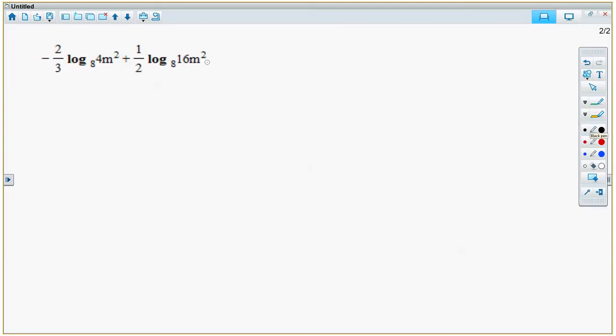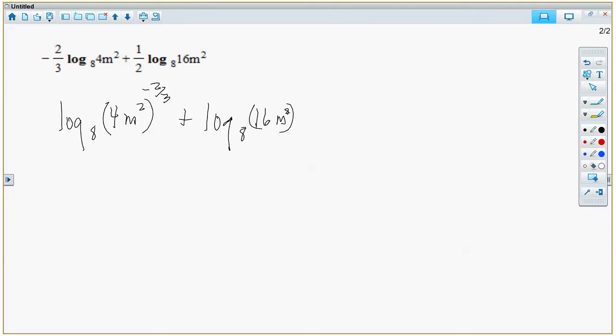All right, so log base 8 of (4m squared) raised to the what? Negative 2/3, plus log base 8 of (16m squared) raised to the what? 1/2.